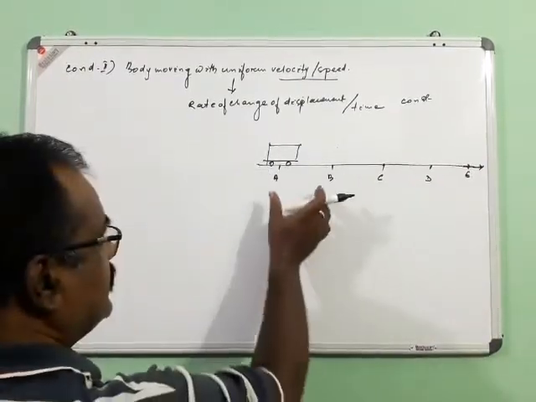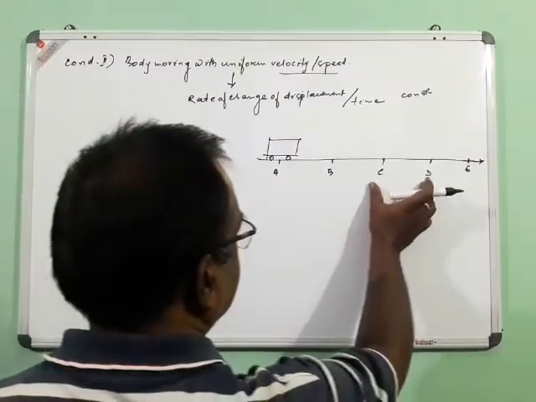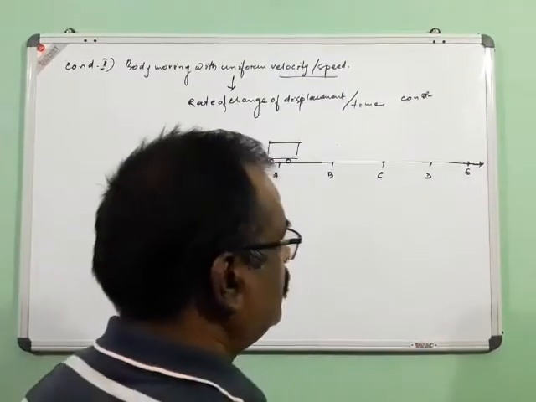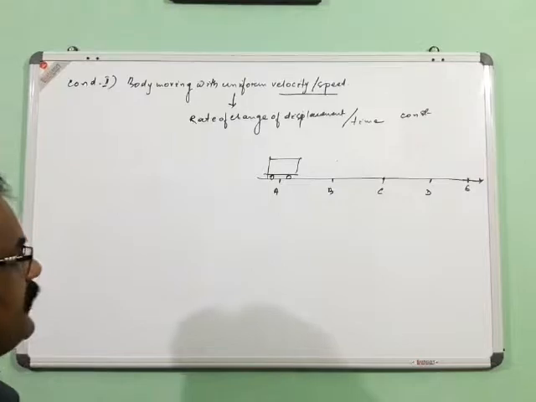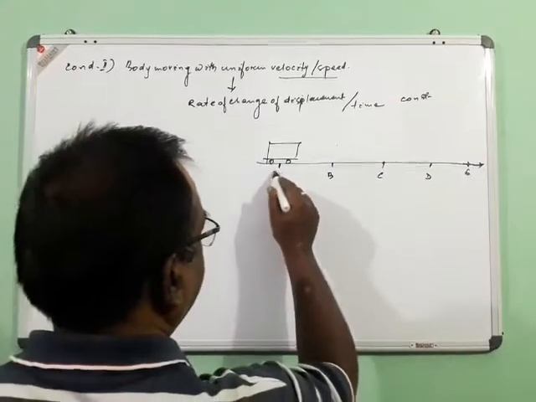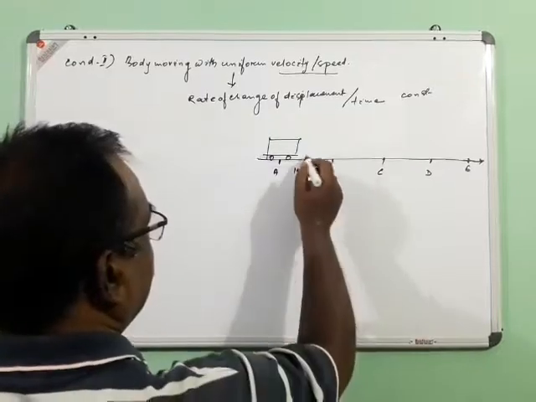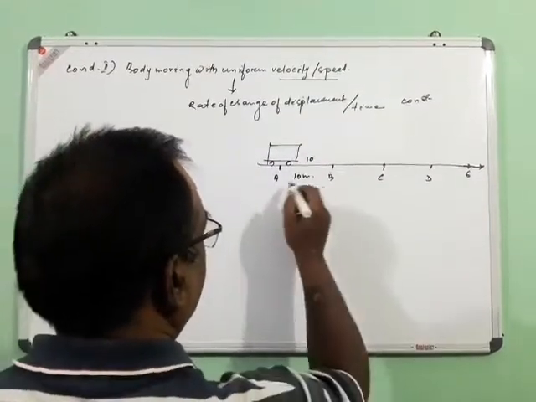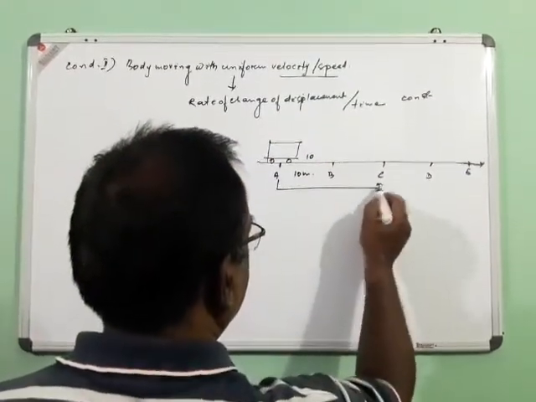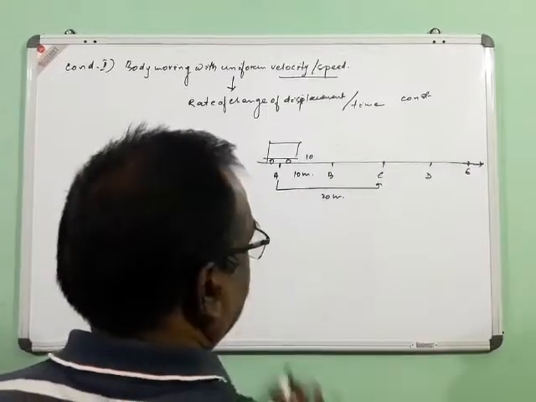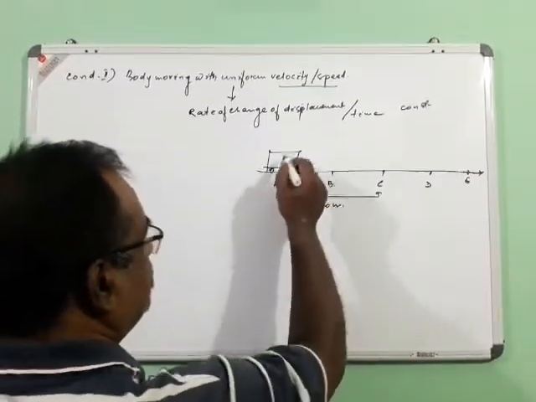Now in this case, the distance between A and B, B and C, C and D, D and E, in all these cases remains the same. Let us take that if AB the distance is 10 meter and the body is taking 10 seconds, from A to C it is 20 meter and it is taking 20 second.